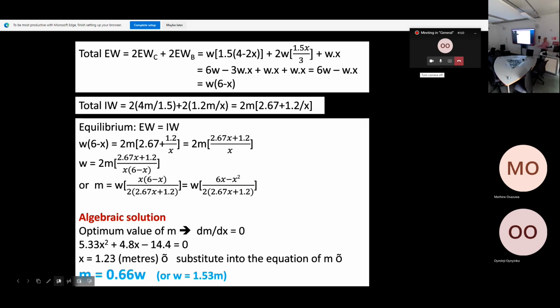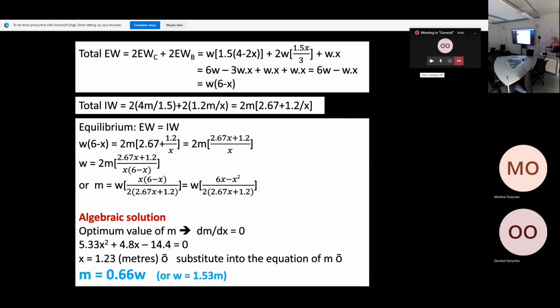So it all depends on the nature of the problem that you have from a practical point of view. Either you use a code to give you M and then you can predict the collapse load, or if you do lab work, you can get the collapse load from your lab experiment, and therefore you can get M. And then you can compare the moment from the code with the moment that you get from the experimental results.